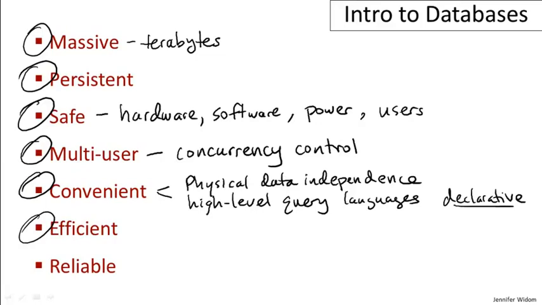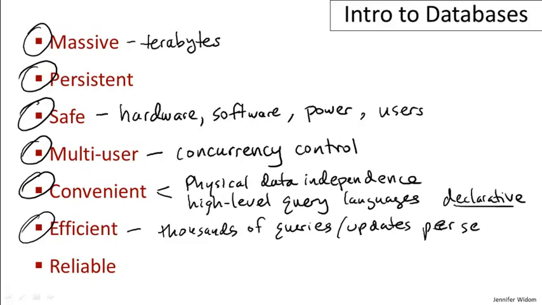And people say the same thing about databases, a similar parallel joke, which is that the 3 most important things in a database system is first performance, second performance, and again, performance. So database systems have to do really thousands of queries or updates per second. And these are not simple queries necessarily. These may be very complex operations.